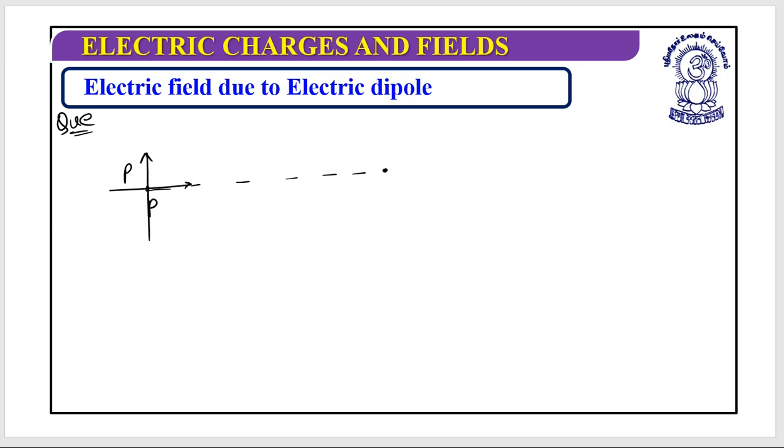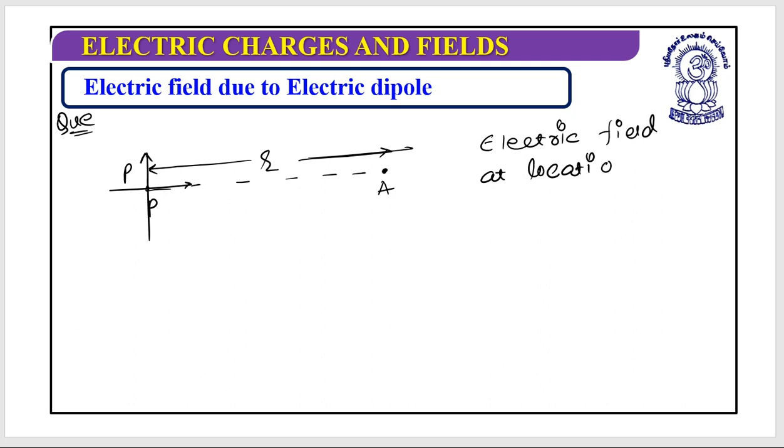Let's say this distance is r, and you need to find out the electric field at location A. Both dipoles are short dipoles.